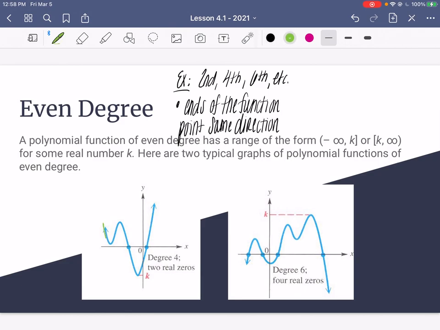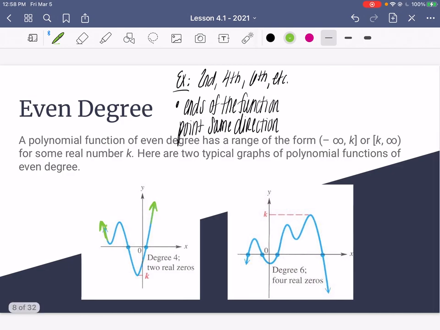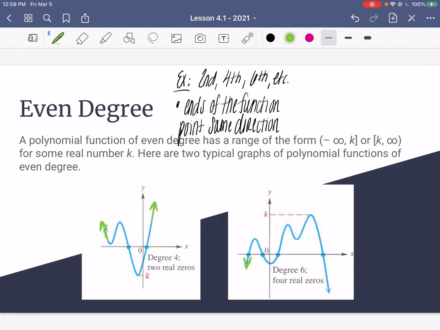Looking here, you see these ends. If you look to the far left of the function and the far right, they're both pointing upwards. And then same thing here. You look to the far left, it's pointing downwards or it's falling to the left, and then to the right, it is also falling, it's pointing downwards. So they're either both going to point upwards or the ends of the function are both going to point downwards.